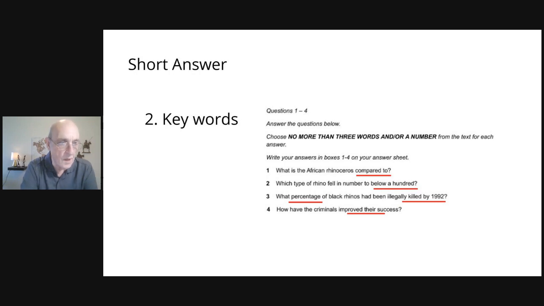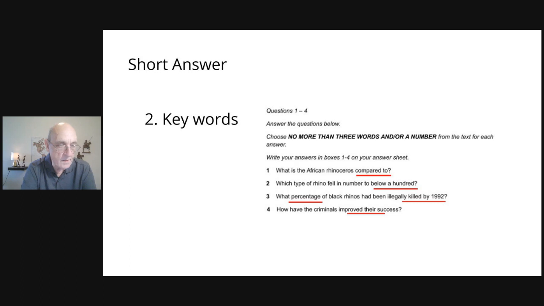So as we underline keywords in these questions, in number 1, we're looking for a comparison. So we may be looking for helpful comparative words. And in number 2, we're looking for a specific type of rhino.